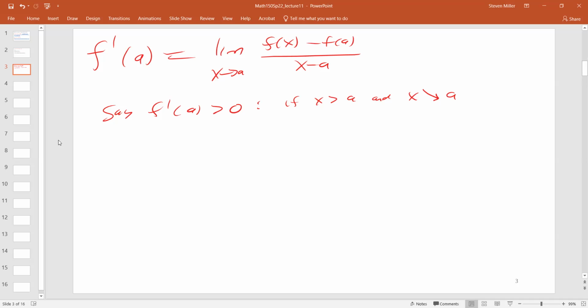What must be true about f of x minus f of a over x minus a as x goes to a from above, if f prime of a is positive? So x is really close to a, but a little bit larger than a. What must be true about the ratio if f prime of a is positive?